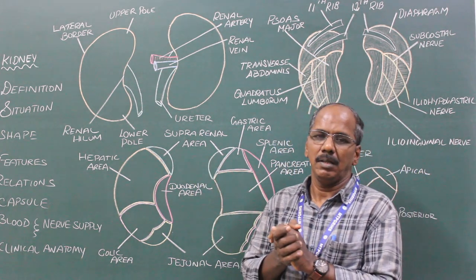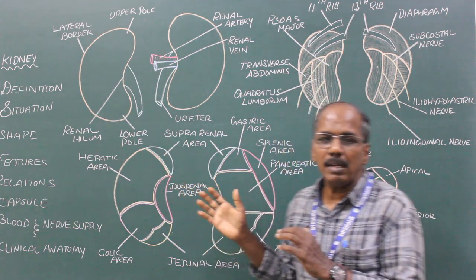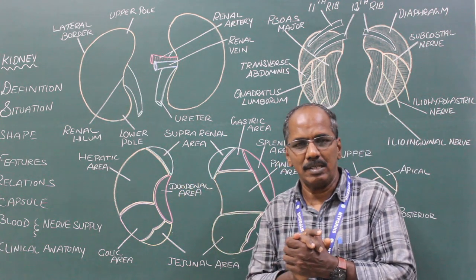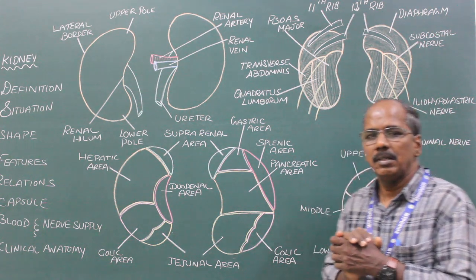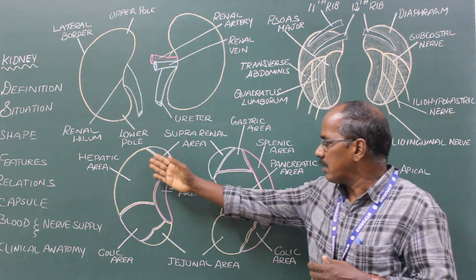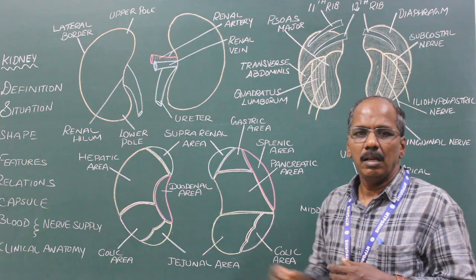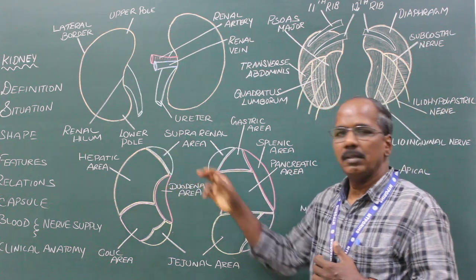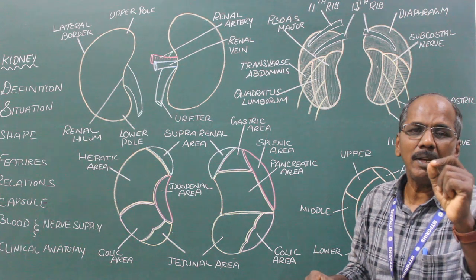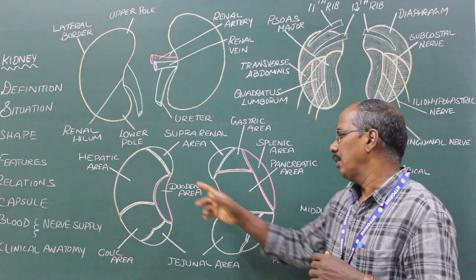Relations. The kidney has both anterior and posterior relations. Anterior relations. Anterior relations of right kidney include, number 1, suprarenal area related to the right suprarenal gland.